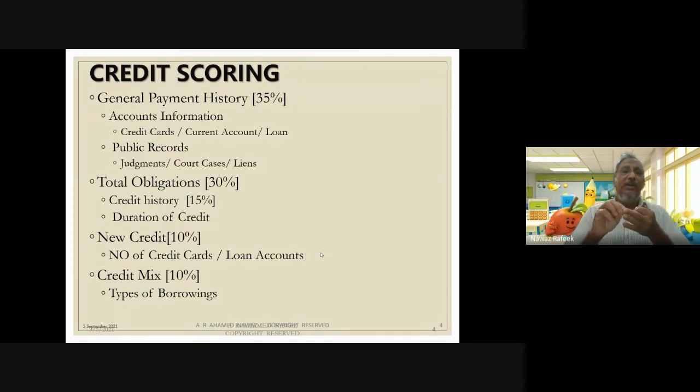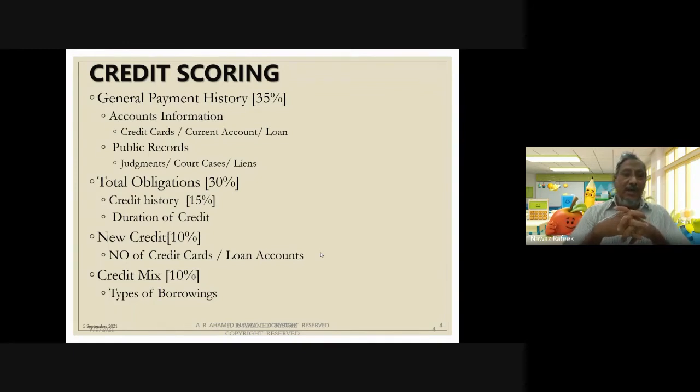Maximum amount utilized and frozen, current account operation, highest balance, lowest balance, we discussed that earlier as well. Based on that, the scoring is given, and the operation of the loan account. Right?